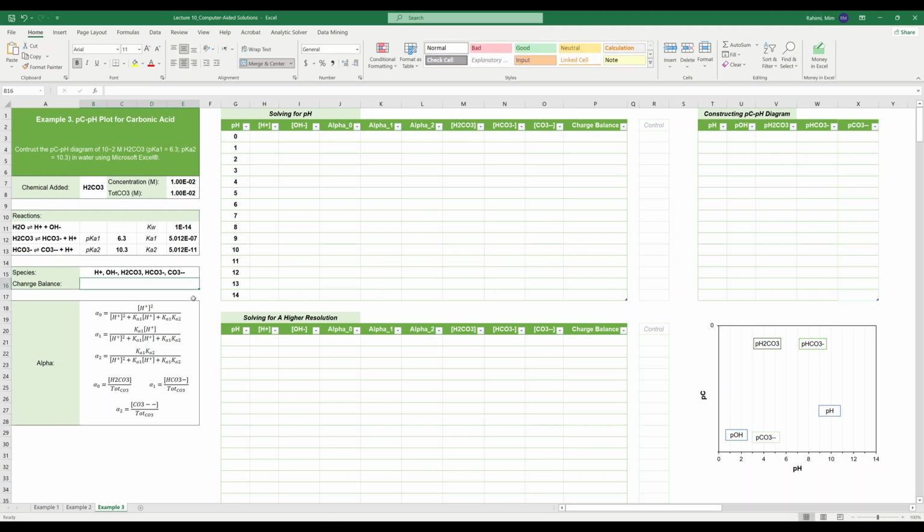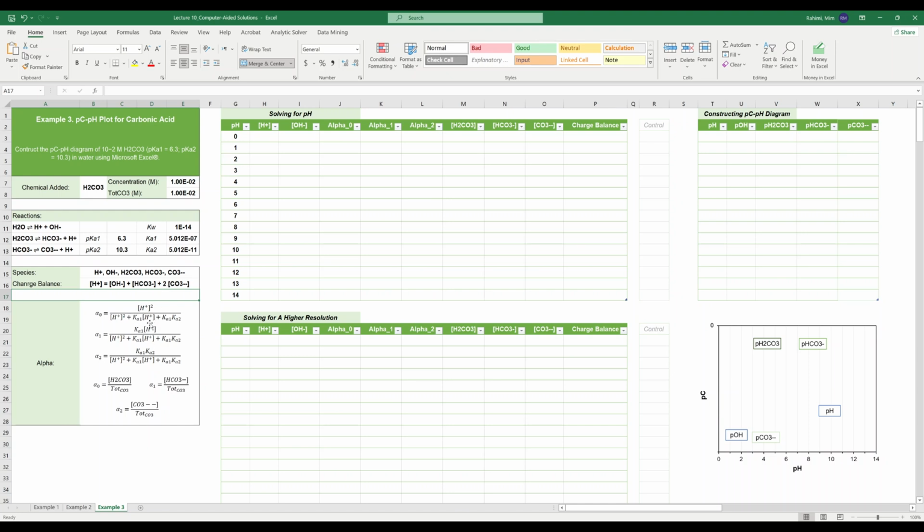In terms of the charge balance, the positively charged species are just H plus, which would be equal to all the negatively charged species: OH minus, plus HCO3 minus, plus 2 times the concentration of CO3 2 minus, because the charge is minus 2 compared to this, so we have to actually consider this charge value when we talk about the charge balance.